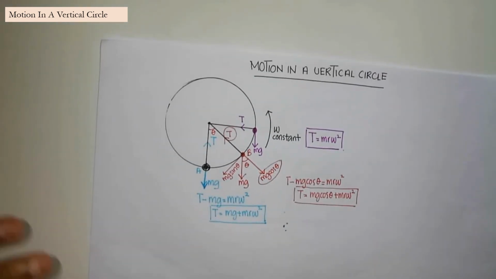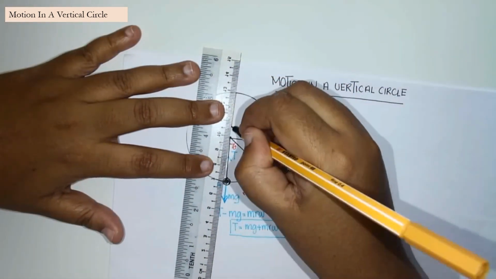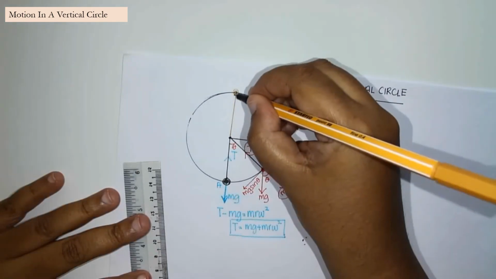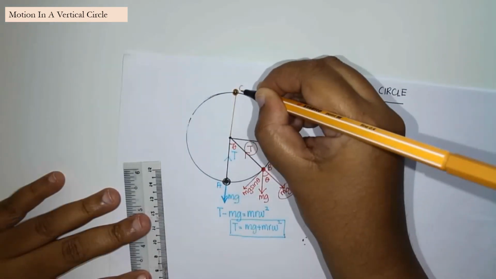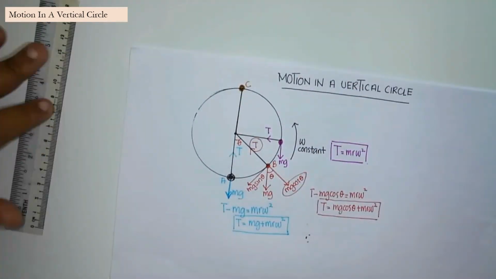Okay, next position I'm going to take, I'm going to use this color. What if it's in the next position, which is position C? Okay, I draw with black pen, showing that it's a string. Okay, the stone is there.